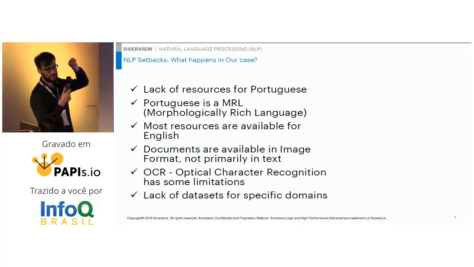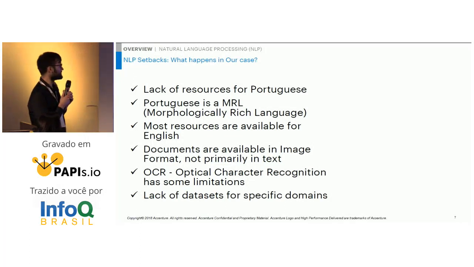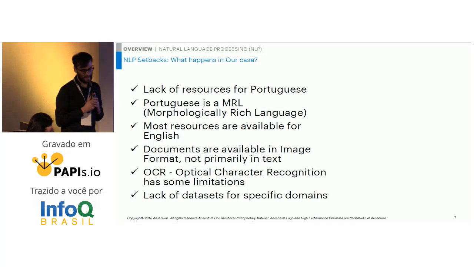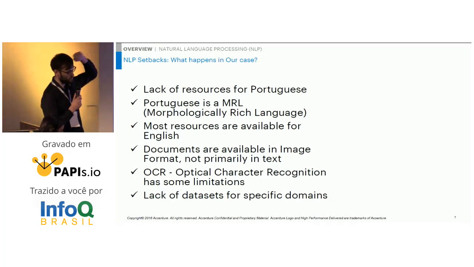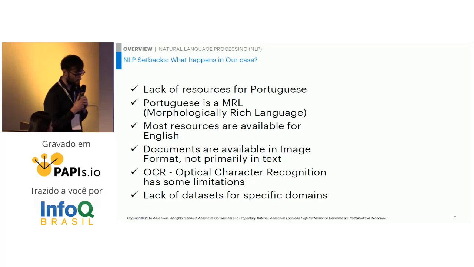So for Portuguese, there is that problem, and on top of that, there is a very interesting paper from 2013 talking about morphologically rich languages. They are difficult languages, or maybe more ambiguous than others.